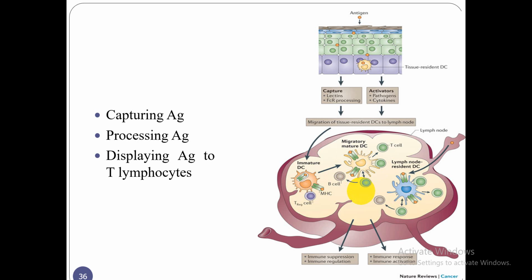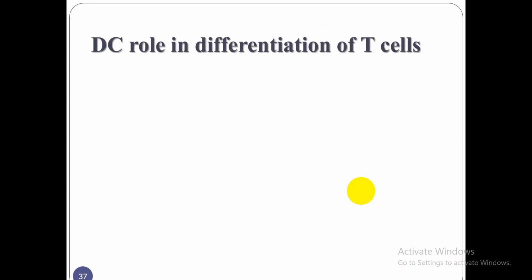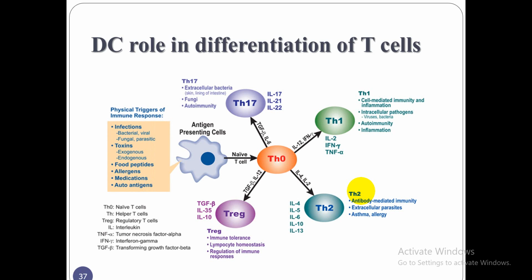So conventional dendritic cells have three main functions: capturing the antigen, processing protein antigens, and after processing, displaying the antigen in the form of peptides to T lymphocytes.